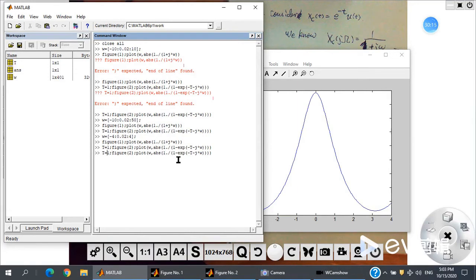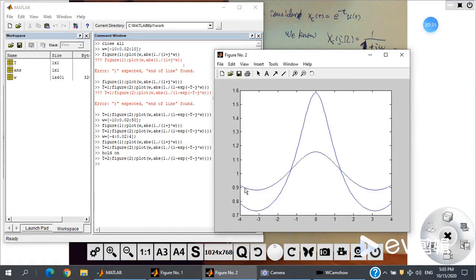Now I change the t. Before, I hold on, then the graph in figure 2 will not be cancelled when I draw a new one. Okay, t is 1. I choose a larger t, what will happen? T is 2. You see, for larger t, we have this.